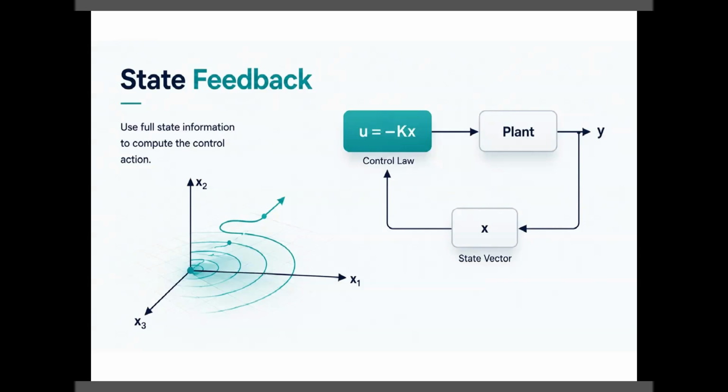This provides much greater flexibility than a PID controller, allowing us to shape the system's dynamics, improve transient performance, and stabilize complex multivariable systems. Of course, this extra capability comes with an important requirement. To use state feedback control, we need access to the system states or a way to estimate them accurately. As we will see throughout this lecture, that additional information enables much more sophisticated control strategies.